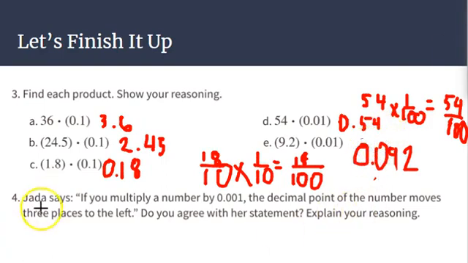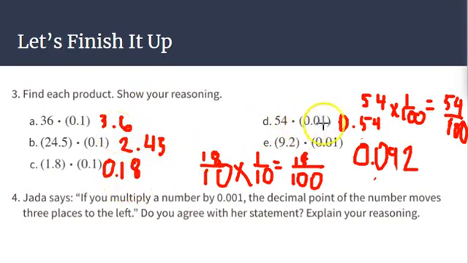There we go. Jada says if you multiply a number by 1/1000th, the decimal point of the number moves 3 places to the left. Does that make sense? Well, think about it. On each of these that were 1/10, the decimal place really only moved 1 place to the left, didn't it?